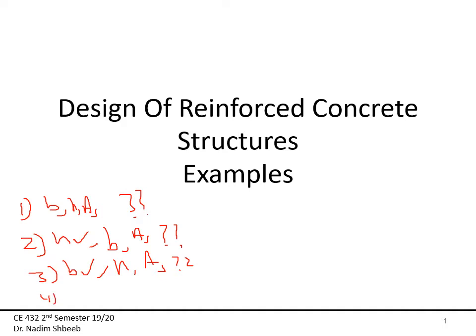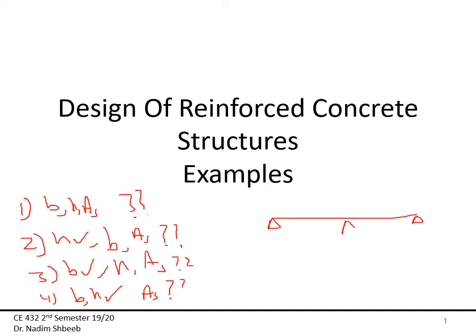The last one is where I know both my B and my H. And that could be, just like we said, maybe a hidden beam flush with the column, but the most obvious case for that is when we have continuous beams, and in that case the only unknown would be my area of steel.